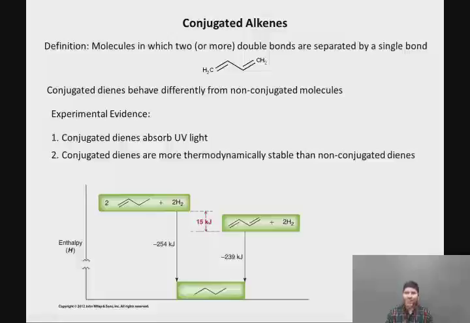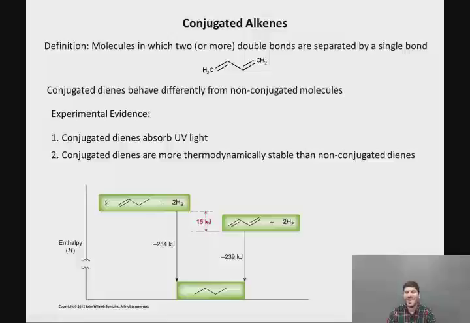The way that we can tell that something is more thermodynamically stable is we can do what's called a hydrogenation experiment. If you take an alkene and react it with hydrogen in the presence of an appropriate catalyst, it can be converted into an alkane. If you take 2 molecules of butene and react them with hydrogen, you will get out a total of 254 kilojoules, 2 moles that is.